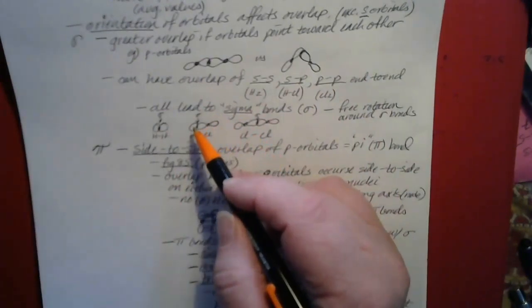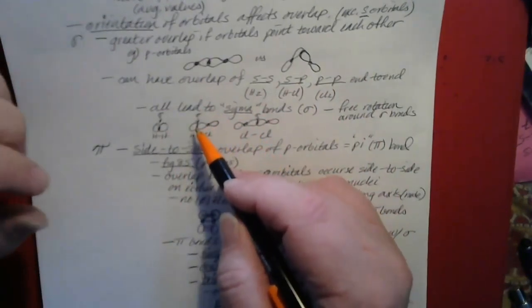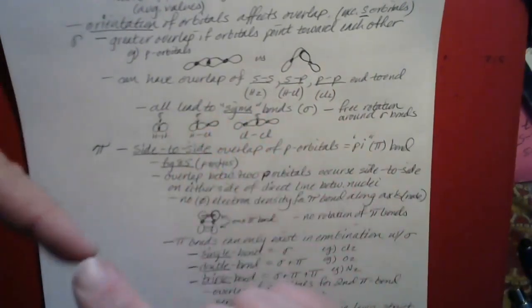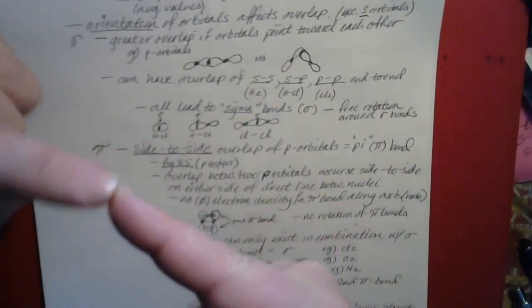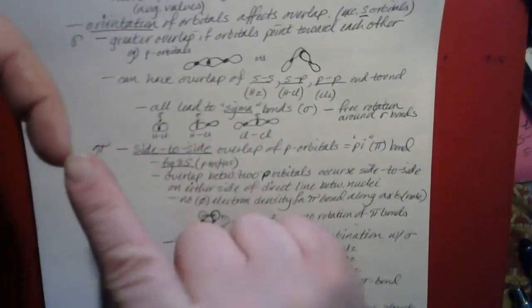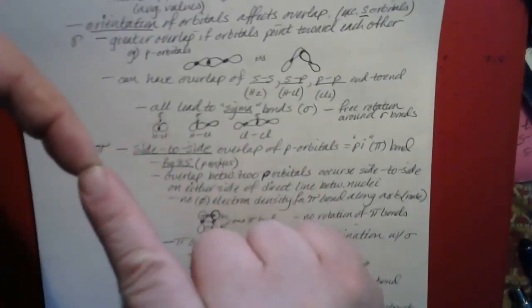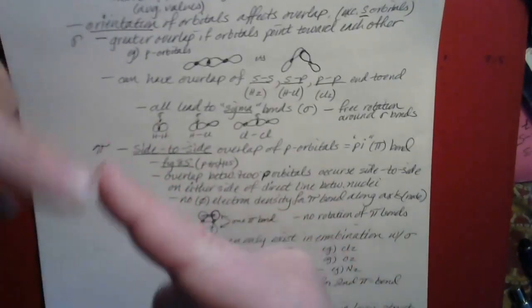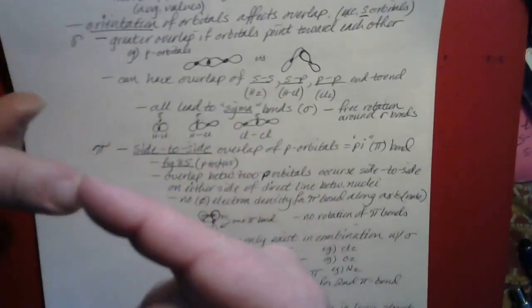Since these orbitals are pointed right at each other, the actual angular orientation of those orbitals doesn't really matter. And so when it comes to single bonds, you actually have free rotation around single bonds.